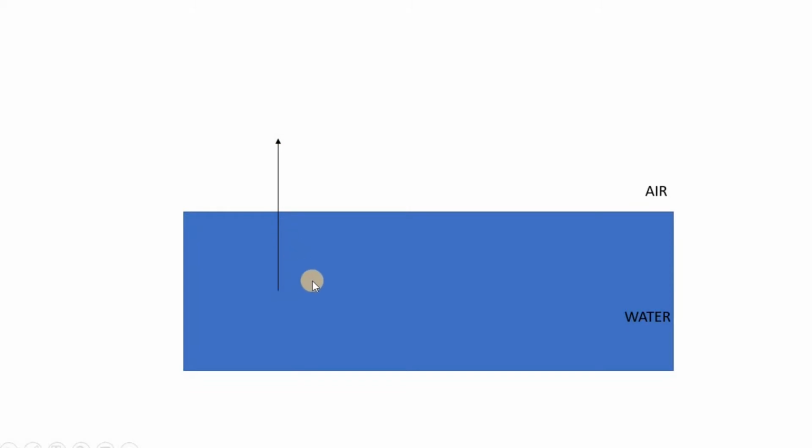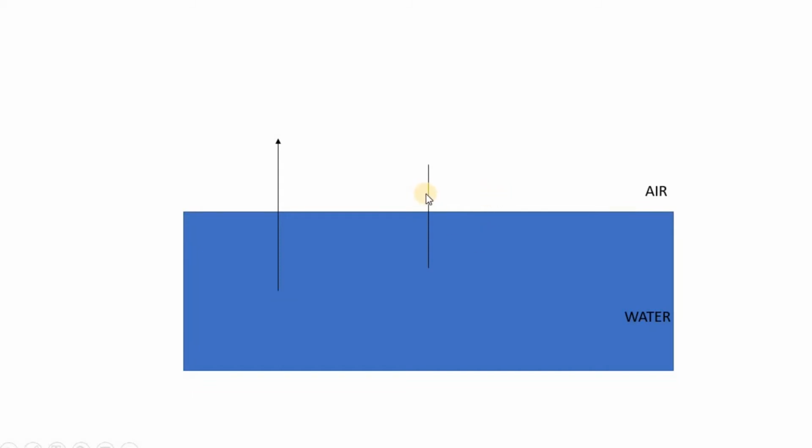Now, it is not the case when light rays pass from one medium to another obliquely. For the case of oblique incidence, suppose this line is the normal, which is the perpendicular drawn to the surface of separation of these two media.